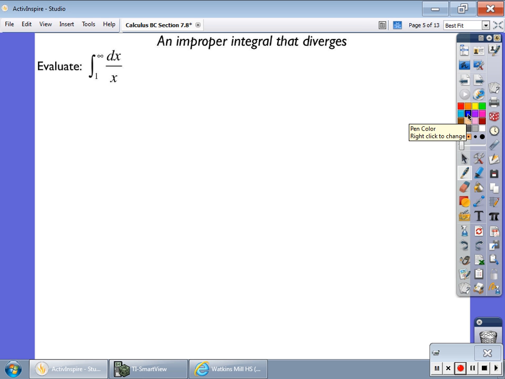All right, let's get some blue. So we're going to evaluate the integral from 1 to infinity of dx over x. Now, obviously, infinity is the upper limit of integration, and so we're going to rewrite this as the limit, since it's the upper limit, as b approaches infinity of the integral from 1 to b of x to the negative first dx.